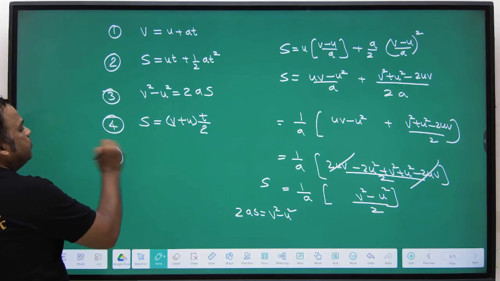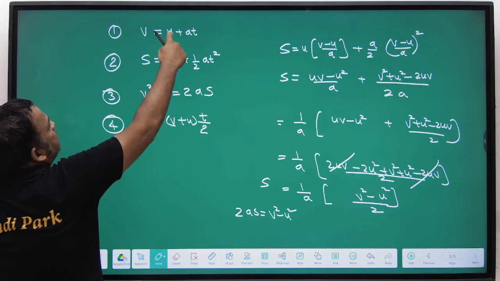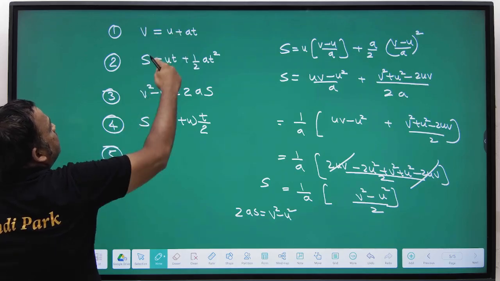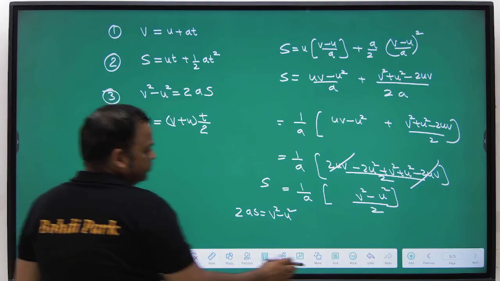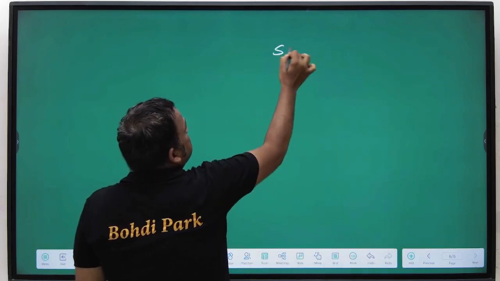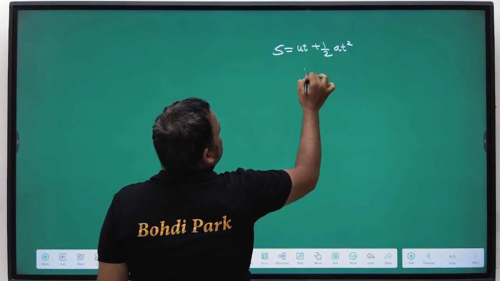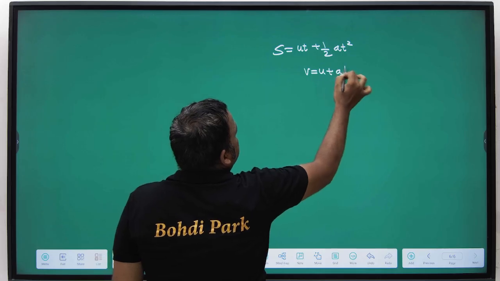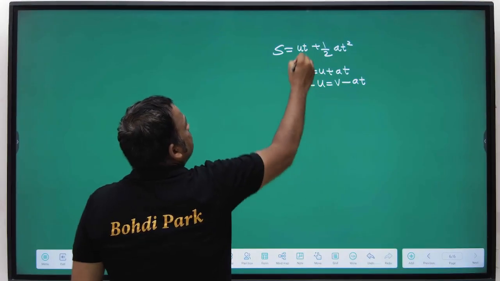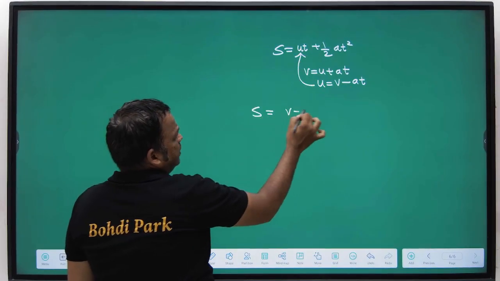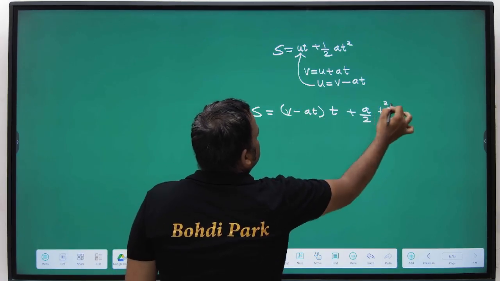And fifth equation of motion, we will see when you put u is equal to v minus at in second equation. So in second equation, s is equal to ut plus half at square. We know that v is equal to u plus at, so u will be equal to v minus at. Now put it here. So s is equal to v minus at into t plus a by 2 into t square.